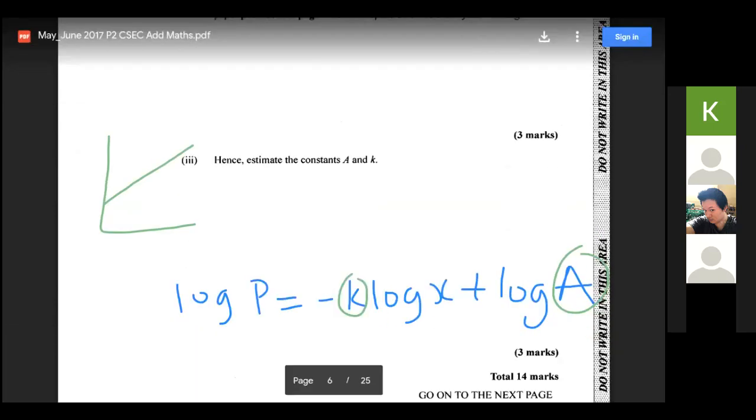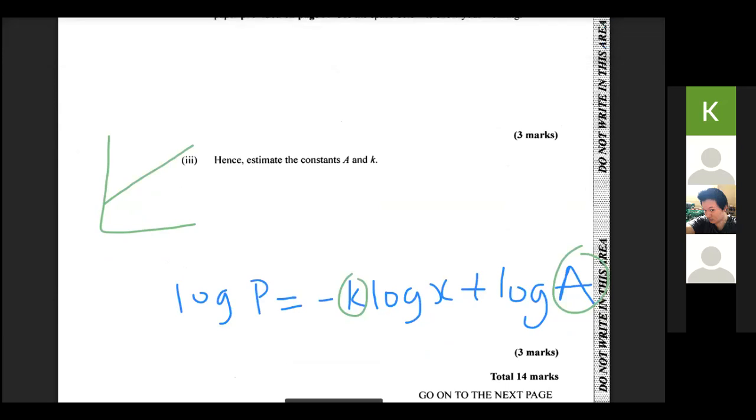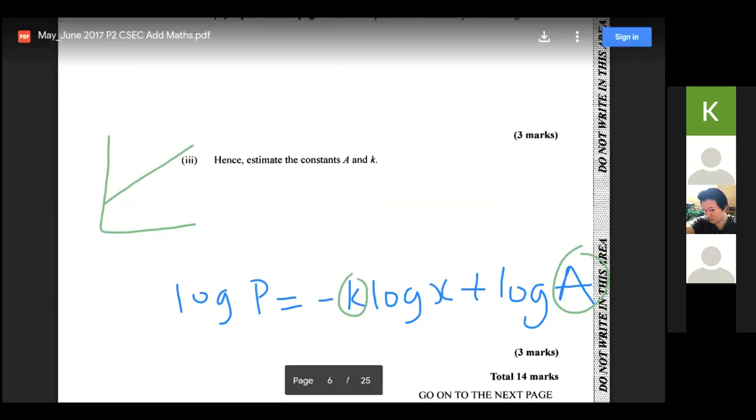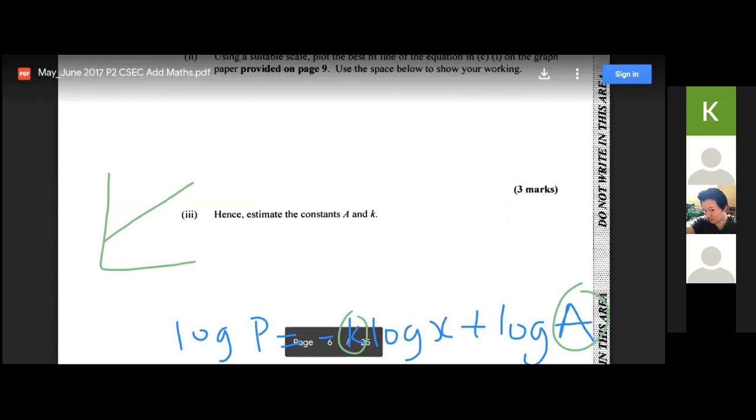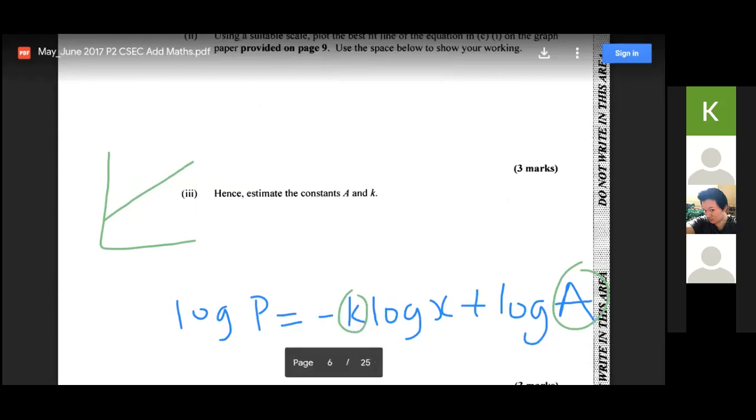Miss, to find k, you can take 2 points on the line because it's the gradient. Exactly. Good job. K is not my gradient. Minus k is my gradient. But if we have minus k, then we can find what k is. So that's not a problem. Yes. You would take 2 points on your line. That's how we find the gradient.